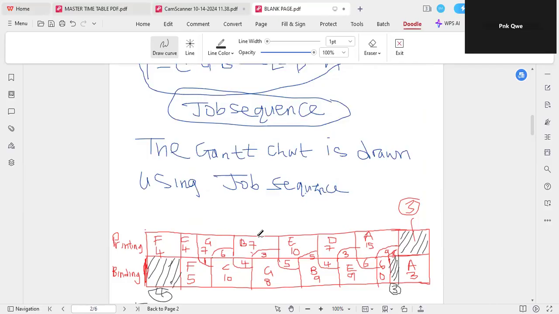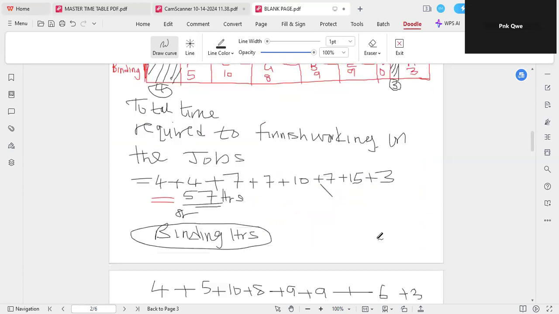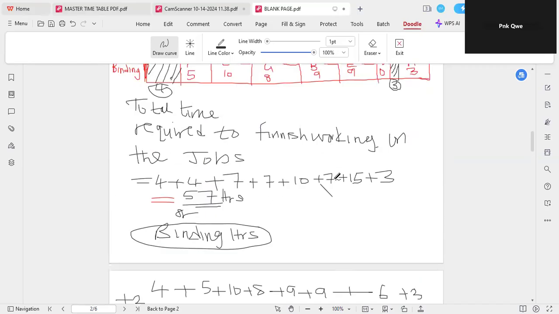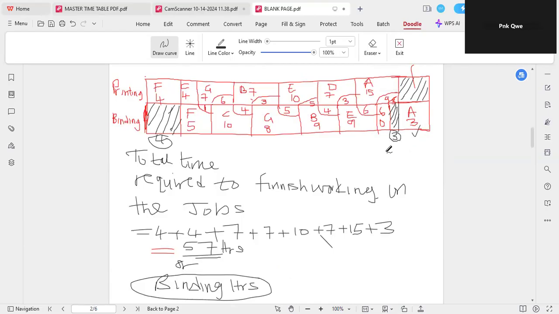So this is only the Johnson's rule and the Gantt chart. So the 3 is 3 plus another 3 here. Okay, so there are two threes. There's this one and this one. 6, that one, this one, all these ones.